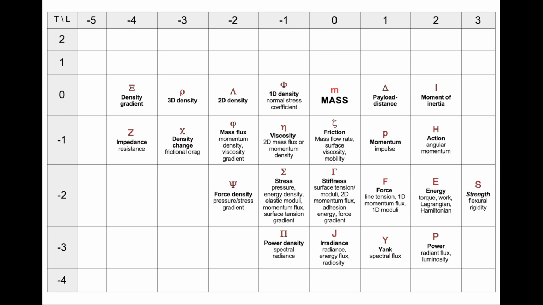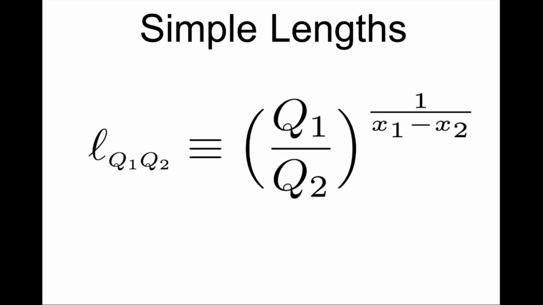This table offers a graphical way to understand the relationships between different mechanical quantities. For instance, in episode 2, we discussed mechanical quantities on the same line, like strength, energy, force, stiffness, stress, and force density. We saw that ratios of mechanical quantities on the same line, any line, produce simple lengths, which provide a mechanical understanding of the size of things, from astronomical to microscopic scales.